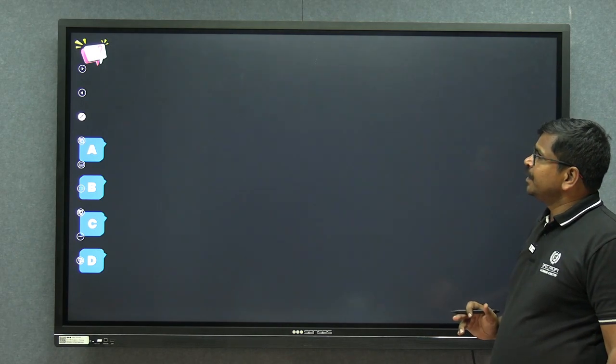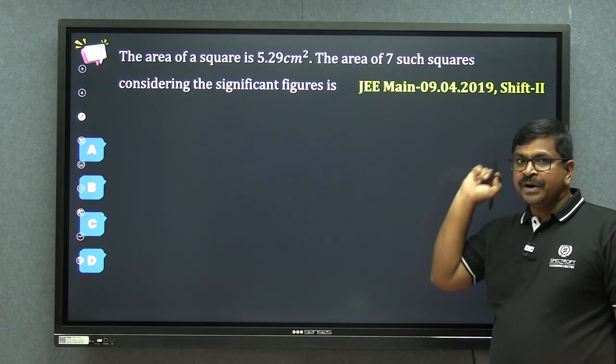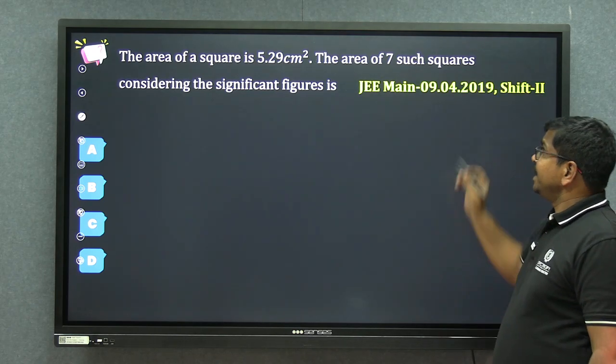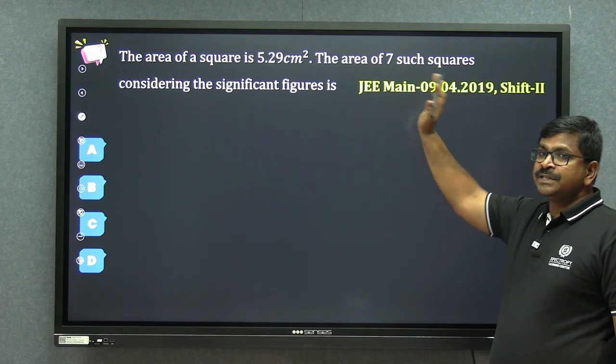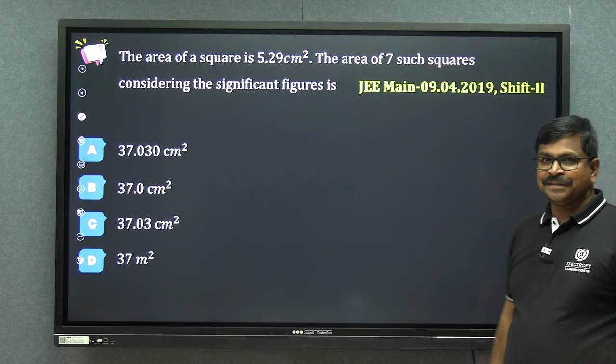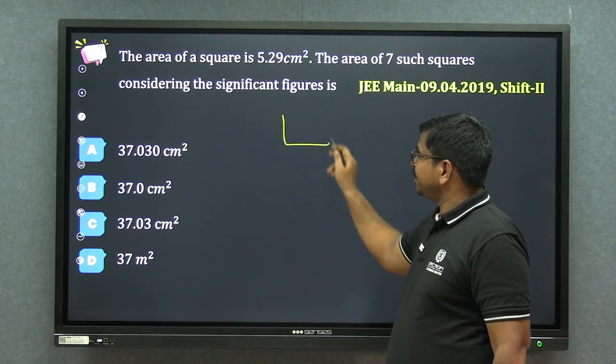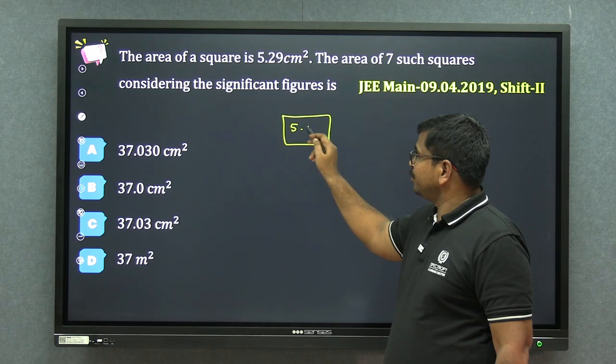Now, let me come to another question. The area of a square is 5.29 meters square. The area of 7 such squares, considering the significant figures, is? Options are given like this. Here one square area is 5.29.